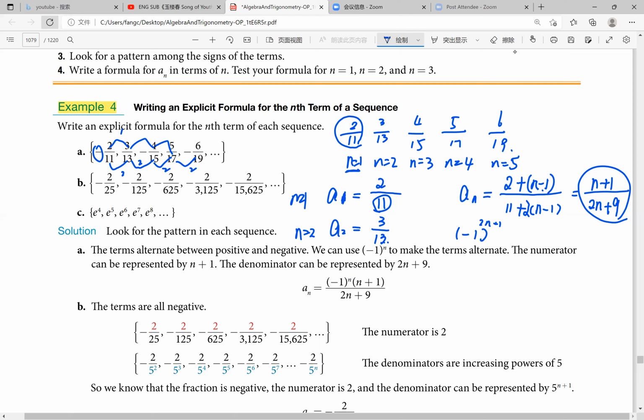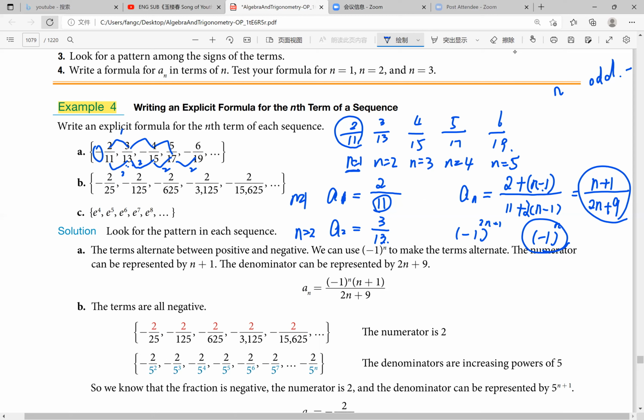When n is odd, it is negative. So how to do it? -1 to the n. By using negative 1 to the power of n, we can define the sign. When n equals 1 it is negative. When n equals 2 it is positive.